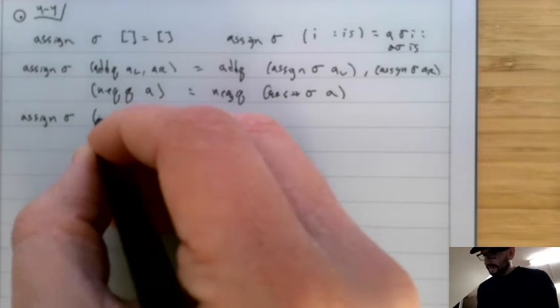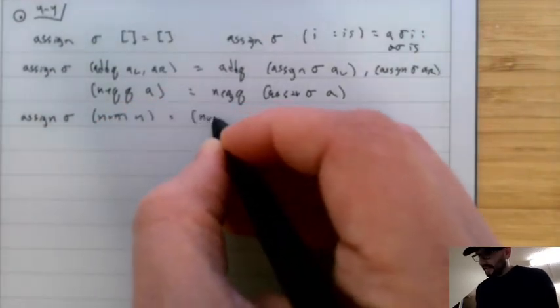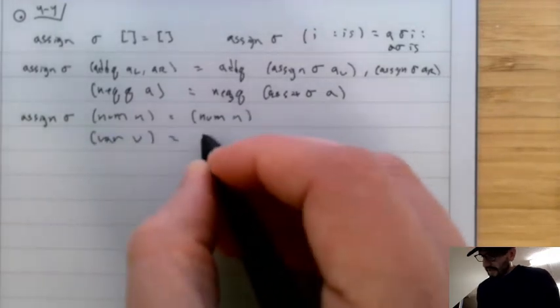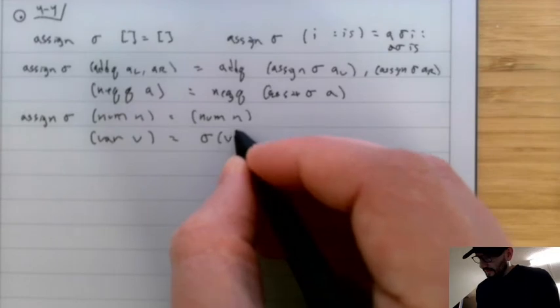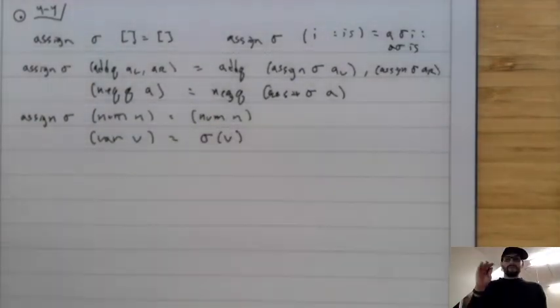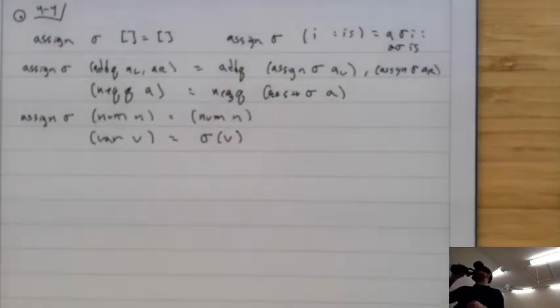When it gets down to the variables, if it sees a number, n, then it's invariant. It just leaves the number alone. But if it sees a variable v, then it looks up that variable inside of row. That's all it needs to do. So your program started by having variables everywhere, and now it's not going to have them. It's going to change them to offsets. Cool.